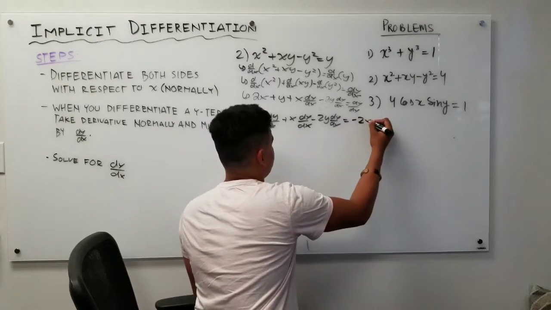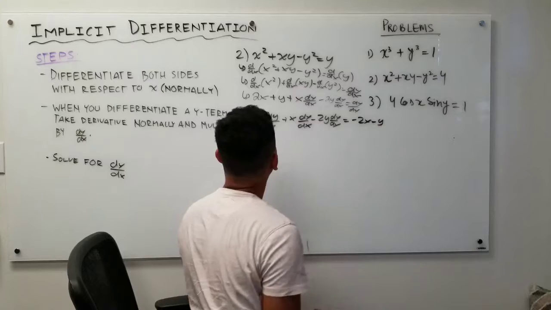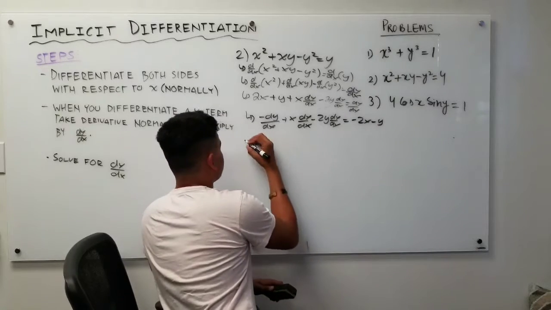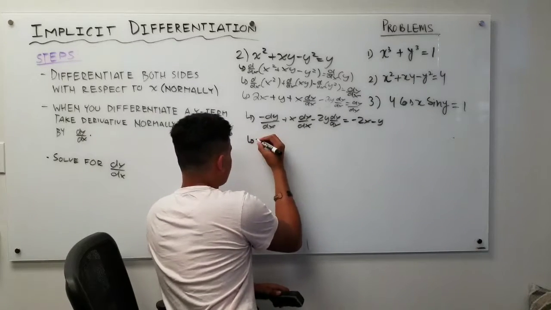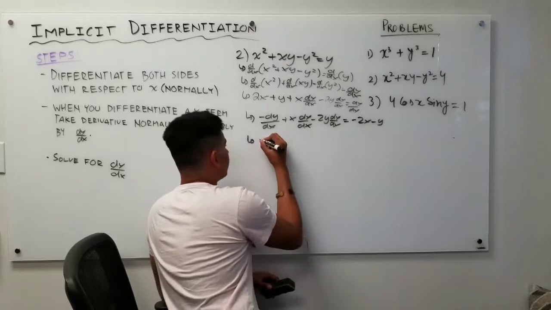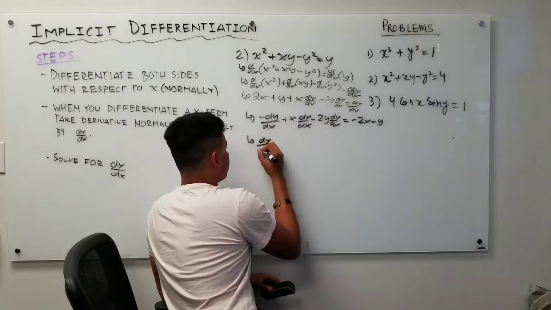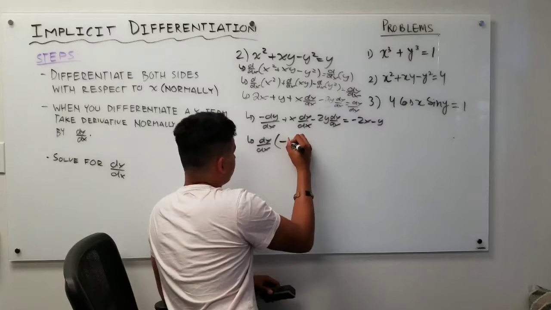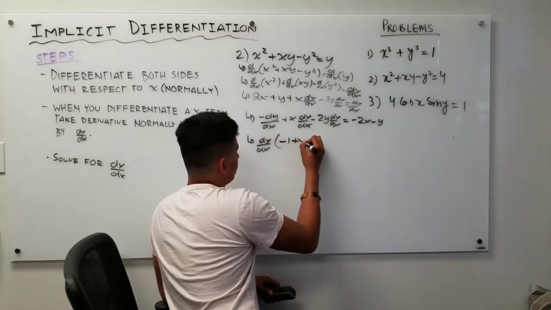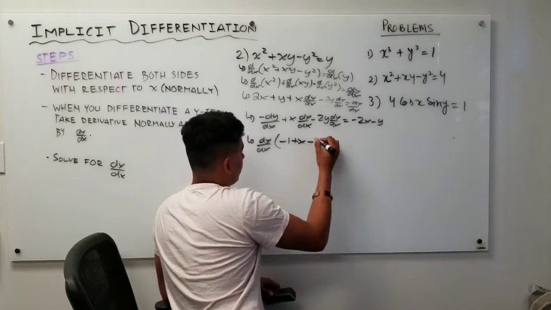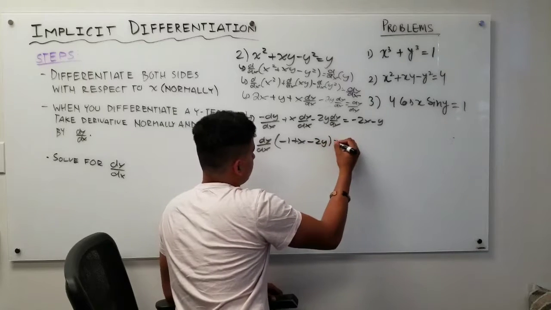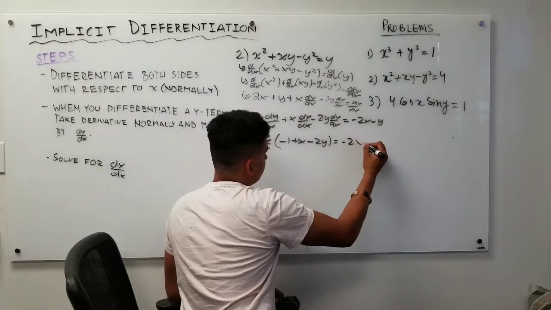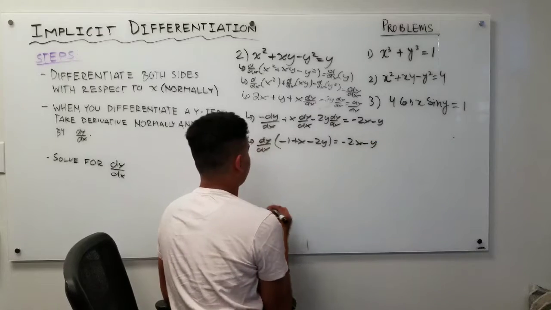So at this point you can take dy dx common. In fact, we could take dy dx out, and this will become minus 1 plus x minus 2y is equal to minus 2x minus y.